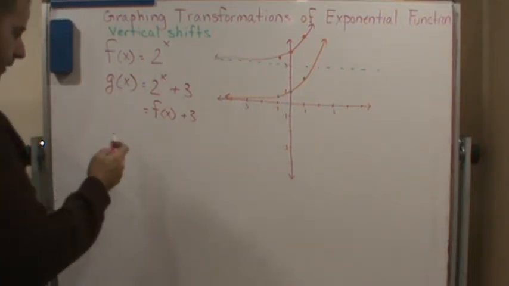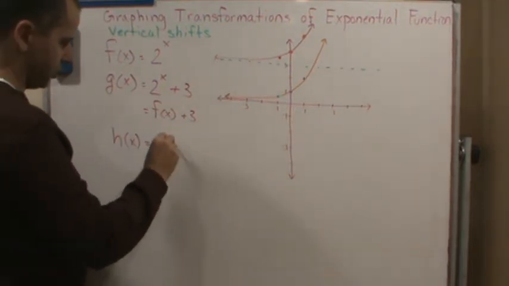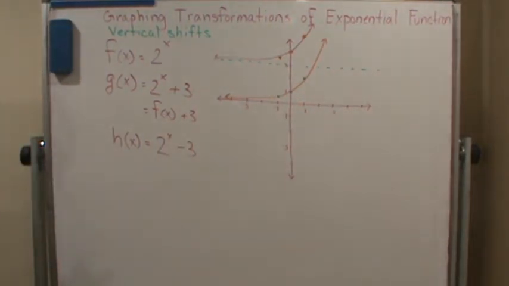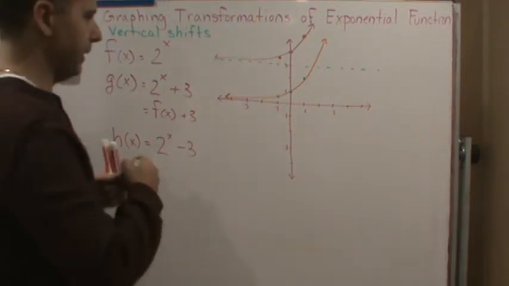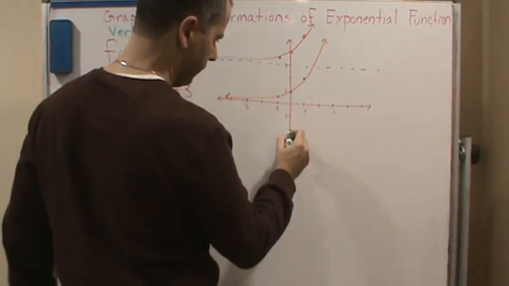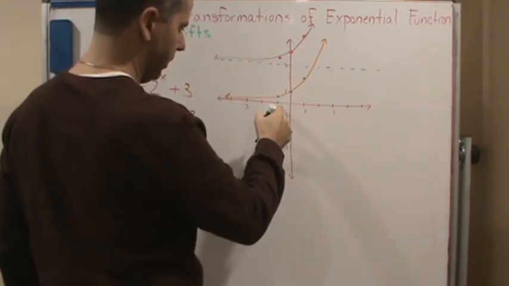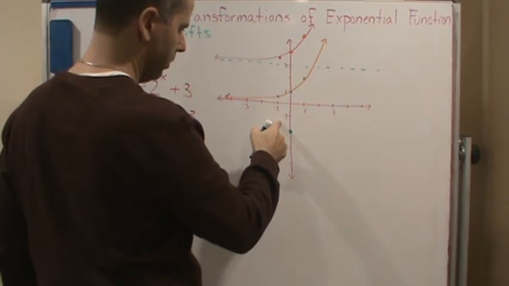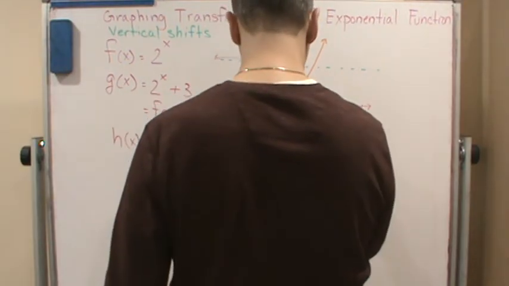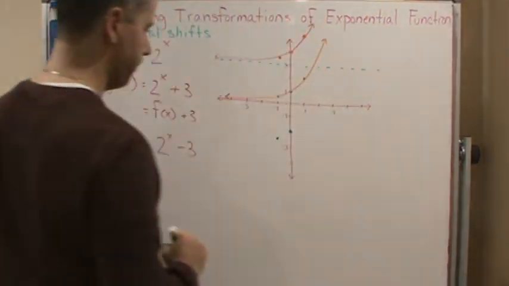Now, what if I take another function, h of x, and make this one 2 to the x minus 3? Now, instead of going up 3 units, I'm going to go down 3 units. So this one is going to go down 3 to here. This one is going to go down from negative 1/2 to negative 2.5, so that's right about here.